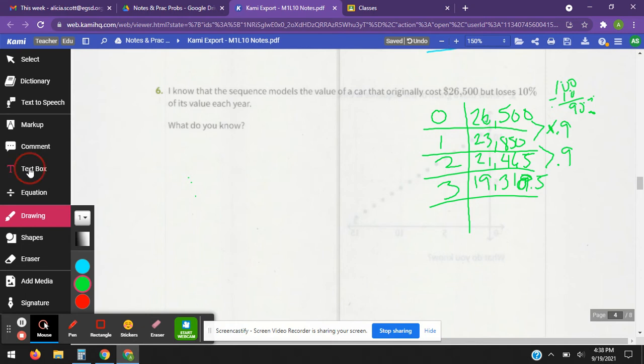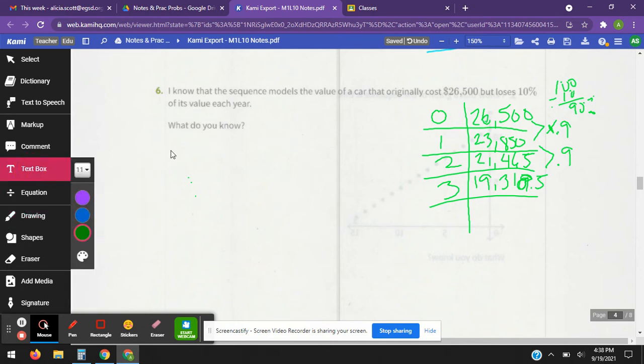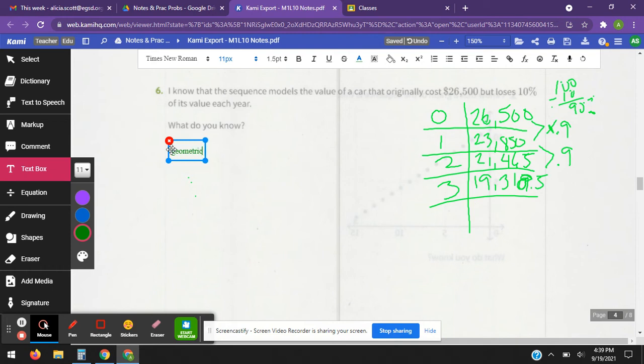Okay, so what do I know? Well, I'm multiplying. So this is geometric. Common ratio is 0.9. That's losing its value each year.